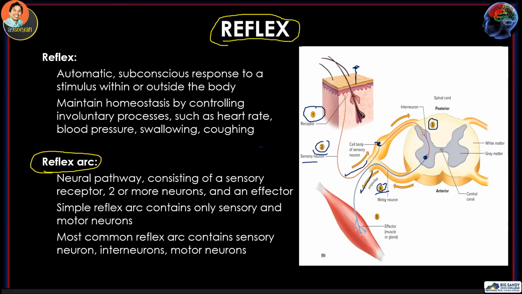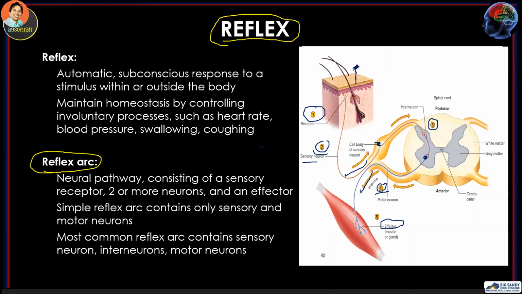The fourth component over here, the motor neurons, will carry the order to the fifth component, which is the effector. The effector is mostly muscles and glands; in this case it is skeletal muscle. Then the skeletal muscle will retract our foot, for example, our leg, that may have stepped on this sharp object.